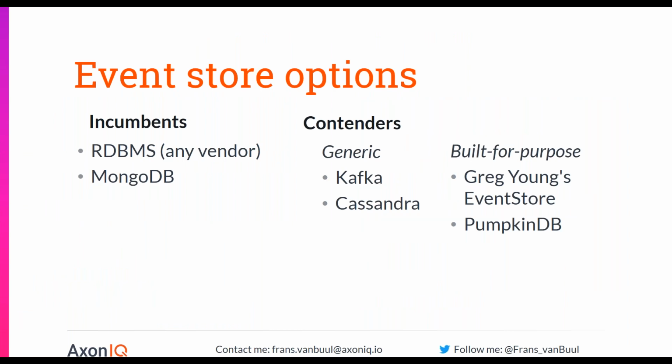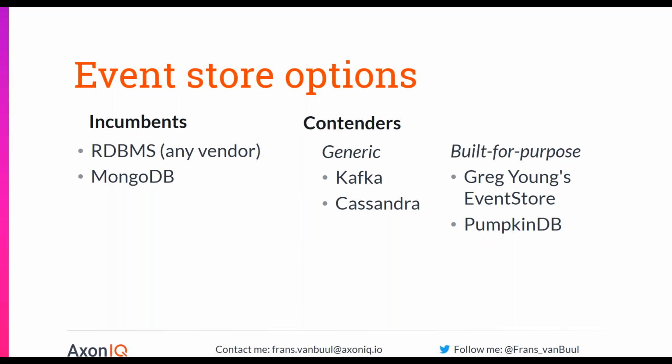The main ones that we're seeing with AxonDB users are relational databases of any vendor, and MongoDB is also used. And these two options are supported out of the box by Axon Framework. The main contenders, things that we know that people are looking at or in some cases already using, are a few generic technologies. And by generic, I mean that they're not specifically designed for event sourcing.